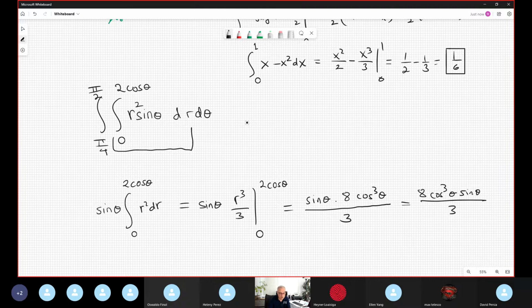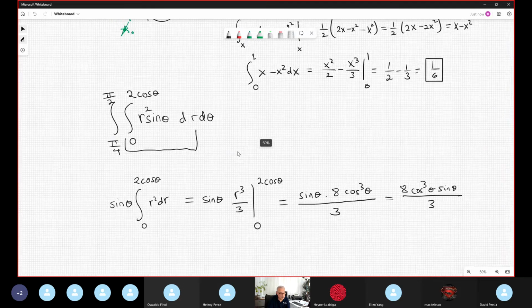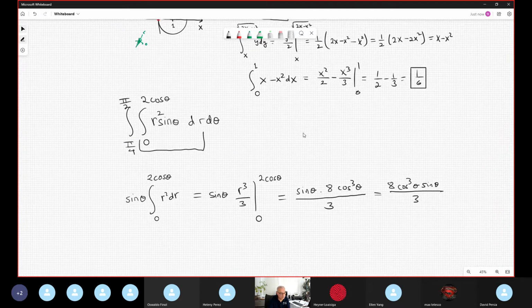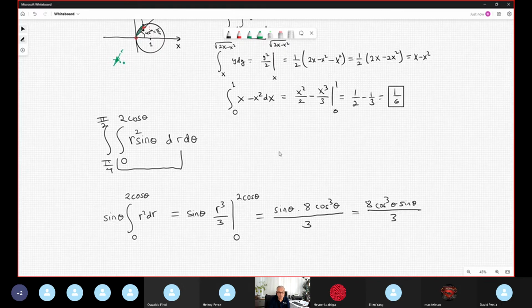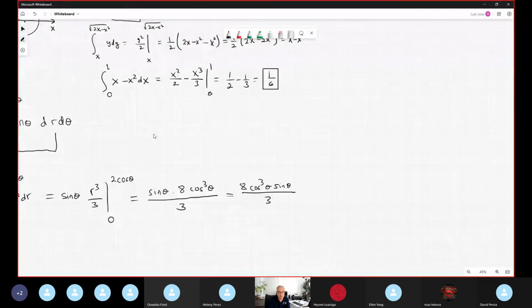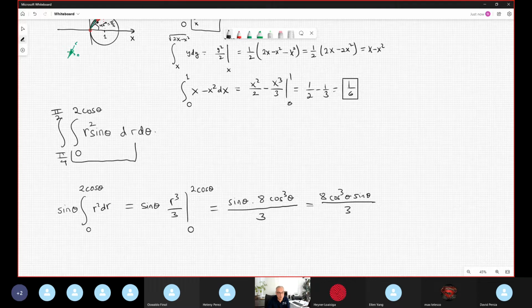Cool. Now you perform the last part. The integral is 8 over 3, a constant outside, from pi over 4 to pi over 2 of cosine cubed theta sine theta d theta.